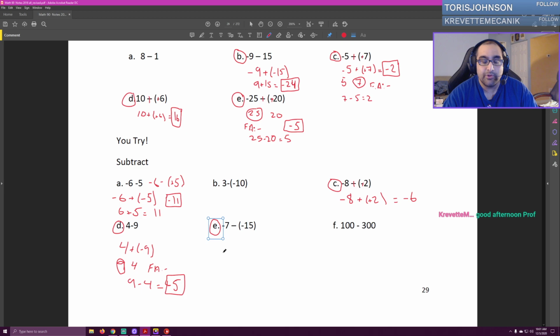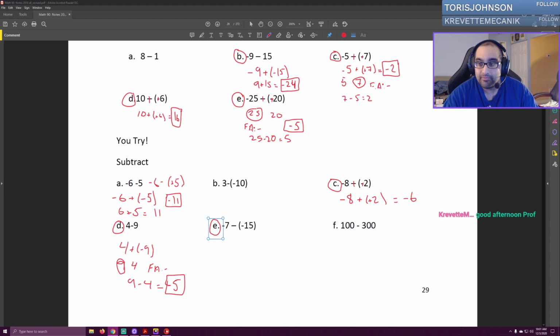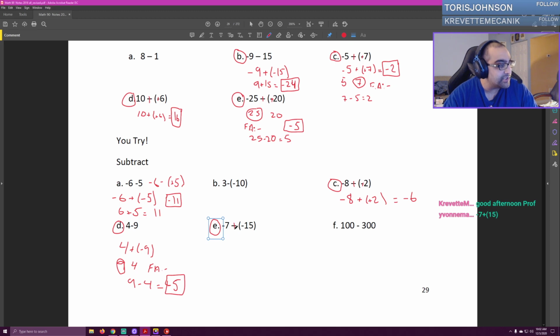And then what's our answer going to be here? All right, negative 7 plus 15. That's correct. Okay, nice. And what do we get for our answer here if we have negative 7 plus positive 15?